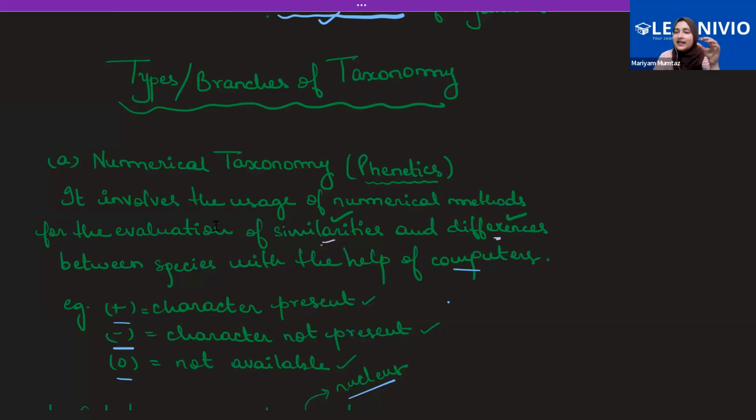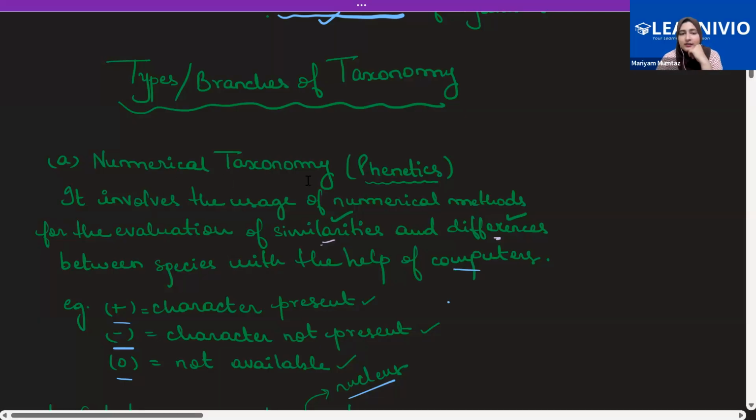With the help of plus and minus, we characterize the organism and evaluate the possible similarities or dissimilarities.